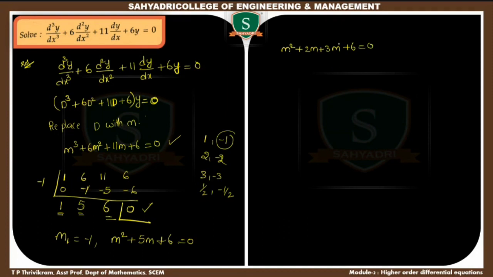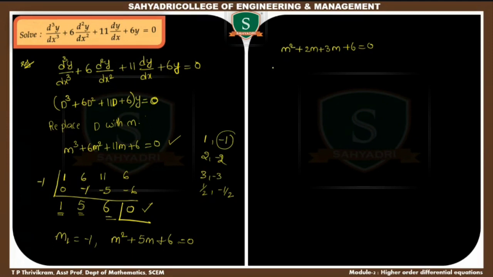I hope you know how to solve this quadratic equation, right? You have to multiply the highest power coefficient with the constant. So 6 into 1 is 6. Factors of 6 should add up to the middle number. So 2 and 3 are the factors of 6, and if you add these two, you'll get 5.